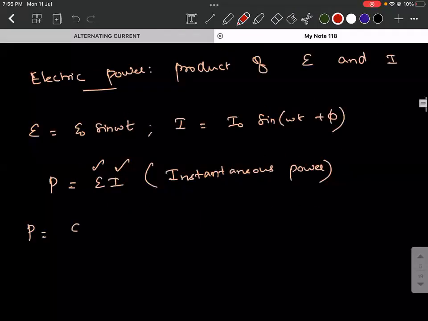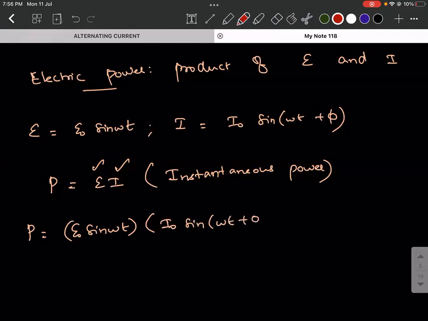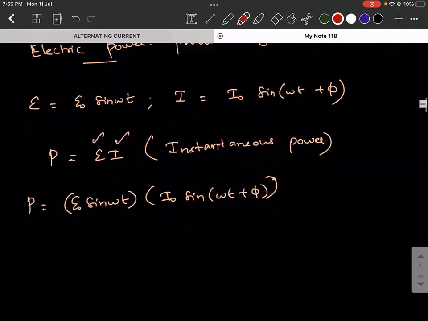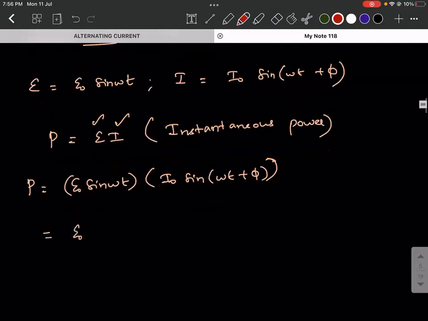So P will be equal to E naught sine omega t into I naught sine of omega t plus phi. This is right, guys. So I can write it as E naught into I naught into sine omega t into sine of omega t plus phi.